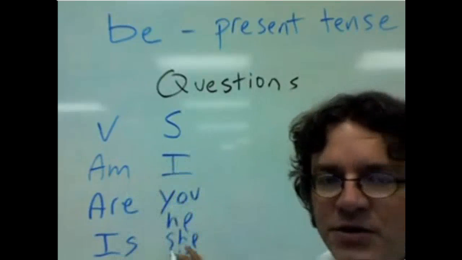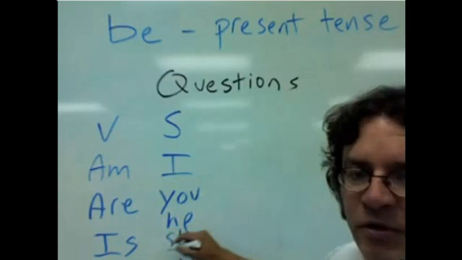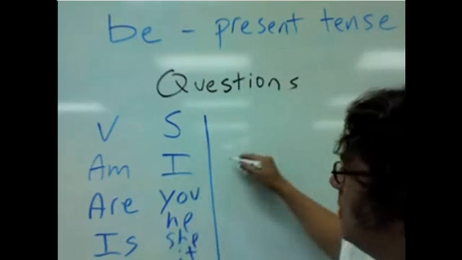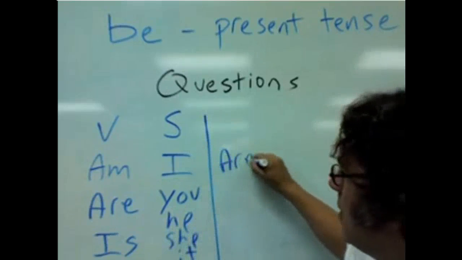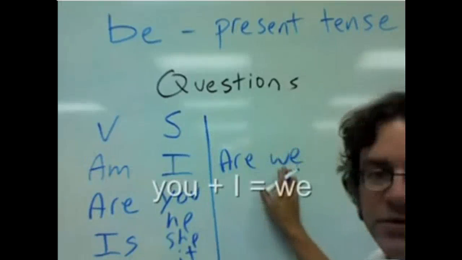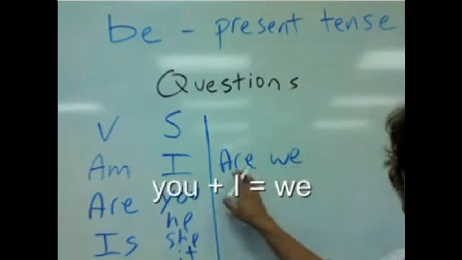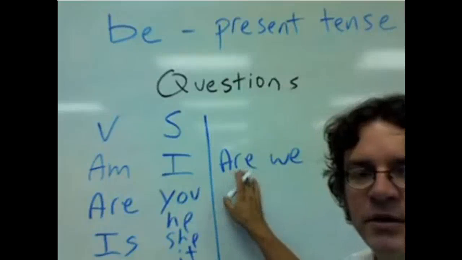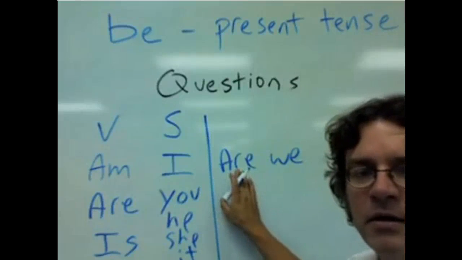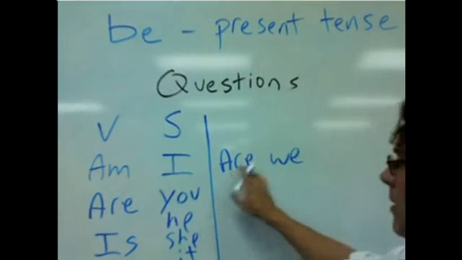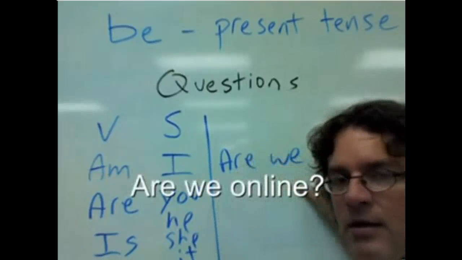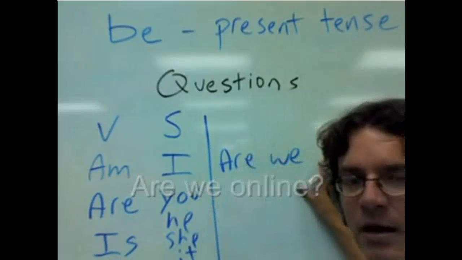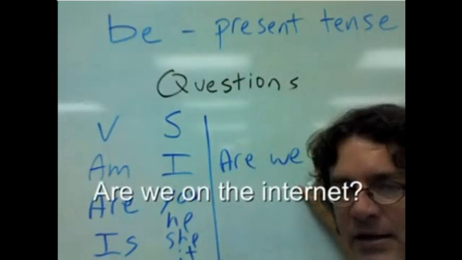These are all singular. To make the plural, if the subject is we, use the verb be. Here, are. Are we online? Are we on the internet?